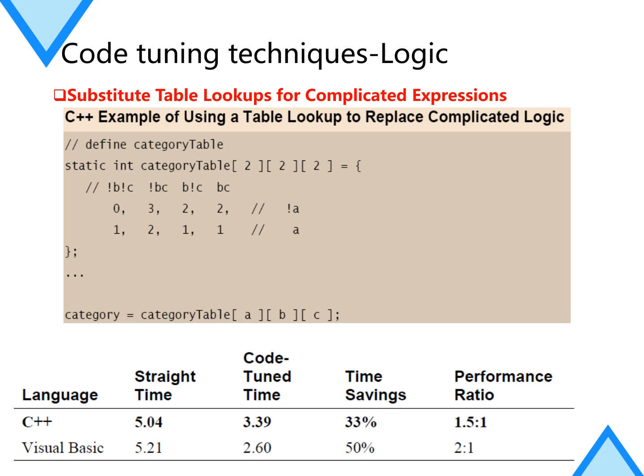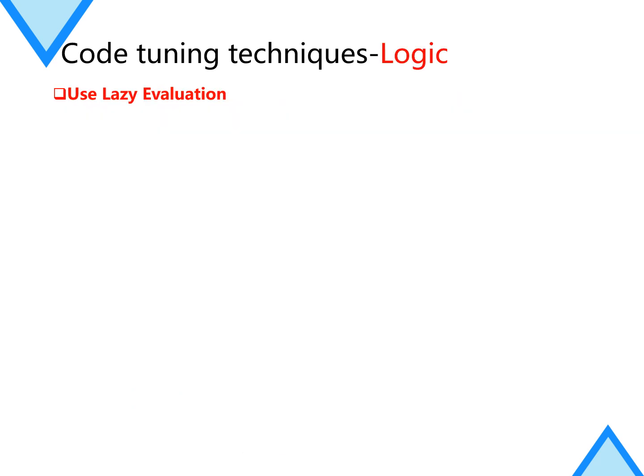So this is the third technique related to logic. Here we are changing the logic in order to improve the performance of the code, and techniques like changing the code are called performance or code tuning for performance analysis.